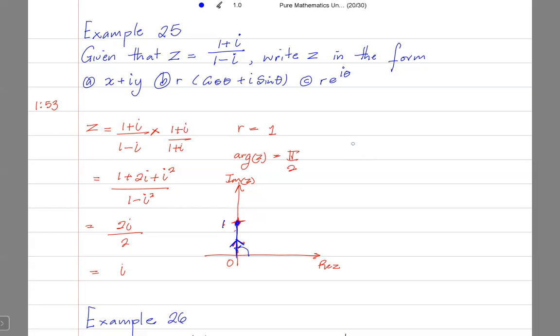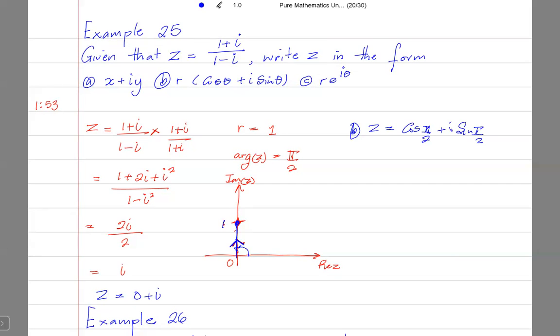So it means, therefore, that z, let's start with z first. z is actually equal to 0 plus i, that is in Cartesian form. In polar form, z would be equal to 1 times cos of the argument, which is pi by 2, plus i sine pi by 2.